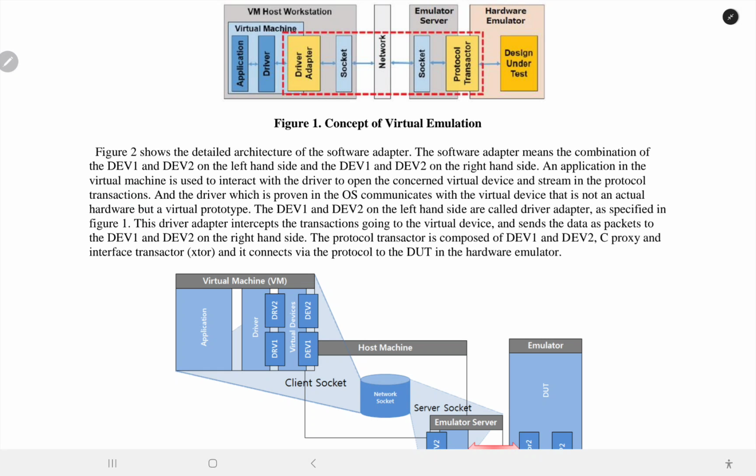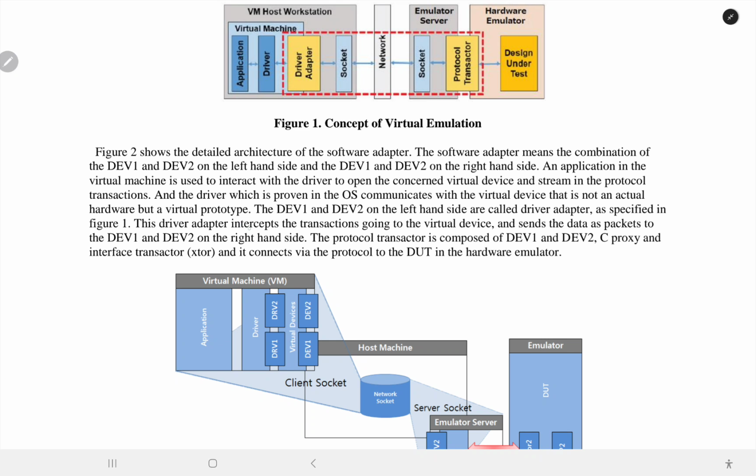And the driver, which is proven in the OS, communicates with the virtual device that is not actual hardware, but a virtual prototype. The DEV1 and DEV2 on the left-hand side are called the driver adapter as specified in Figure 1.